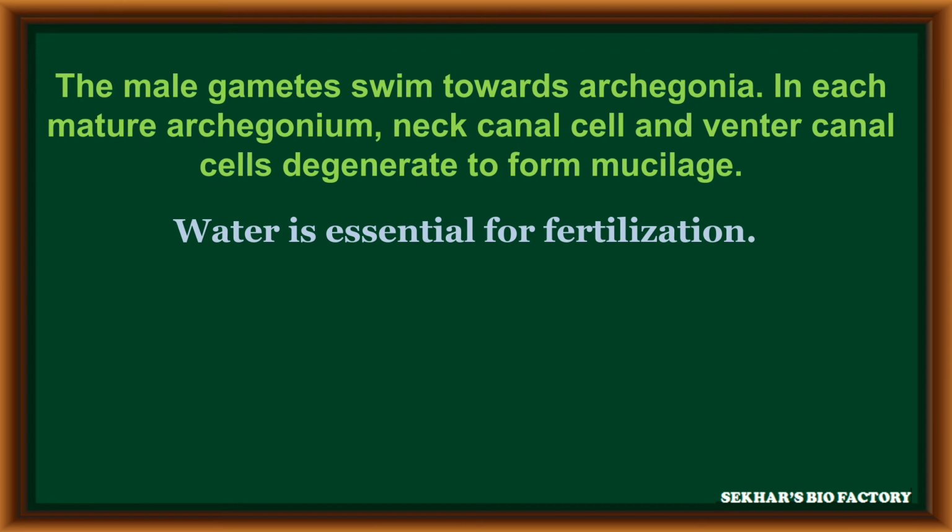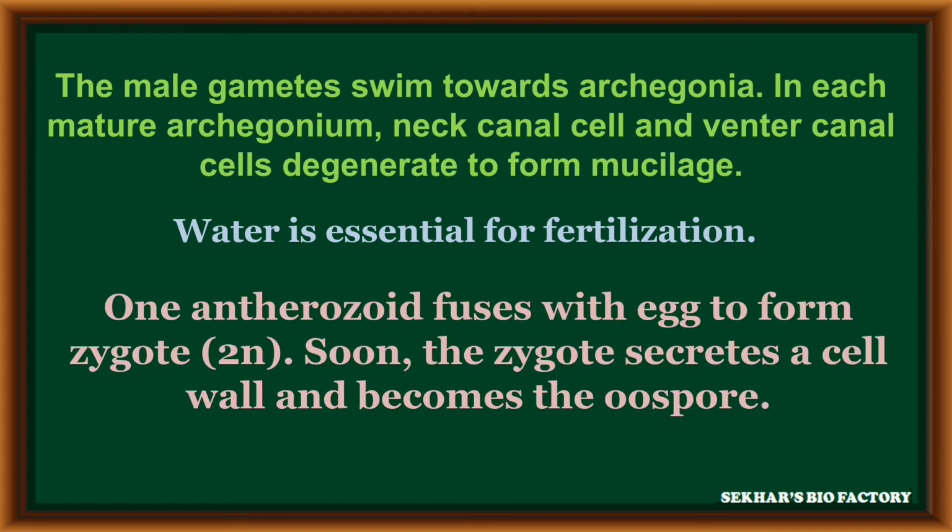During fertilization, water is essential. Without water, male gametes never reach the archegonium. One antherozoid fuses with the egg cell to form a diploid zygote. The entire process takes place inside the archegonium only.